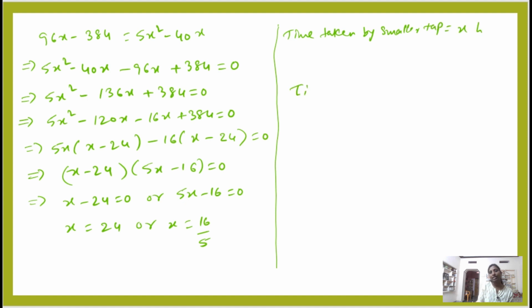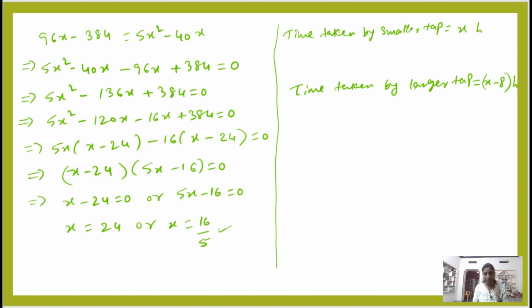Time taken by larger tap is equal to x minus 8 hours. Okay, we have doubt about this fraction value. We can take fraction, but here we have to check whether the fraction is correct or not.